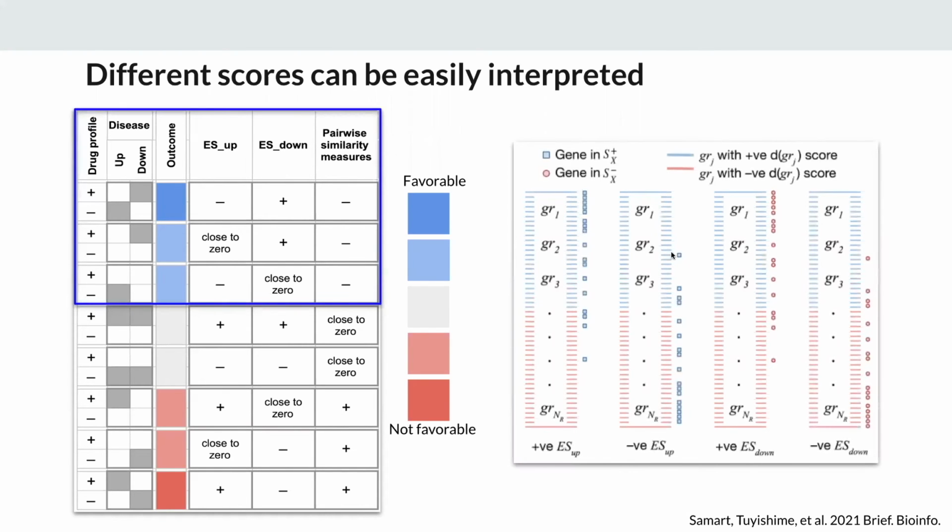These three scenarios correspond to the two cases in the middle, where we have upregulated disease genes mostly distributed at the bottom of the drug profiles and downregulated disease genes mostly distributed at the top of the drug profiles.